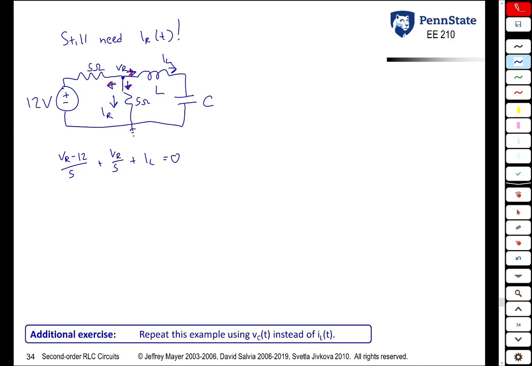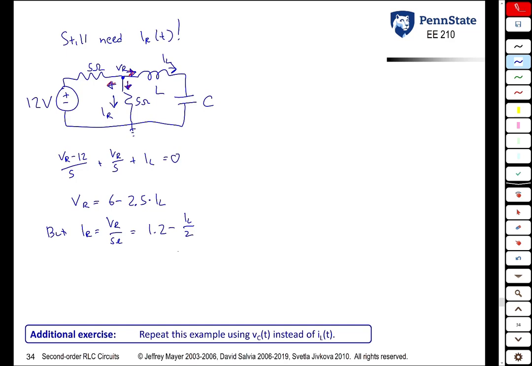Solving for VR, you get that VR is equal to 6 minus 2.5 times IL. But what's IR? IR from Ohm's law is just VR over 5 ohms, so it is going to be 1.2 minus IL over 2.